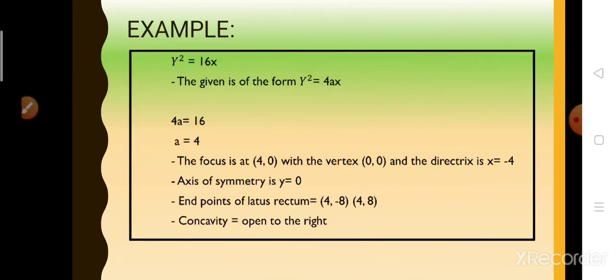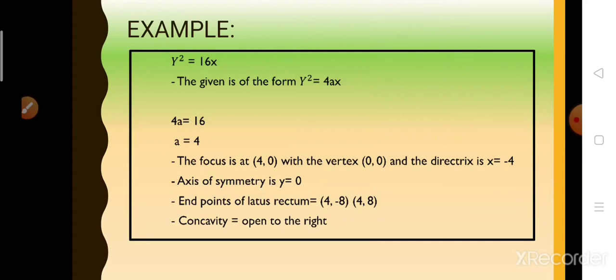To get the value of a, since it is 16, 4a is equal to 16, and we divide both sides by 4. So the value of a is 4.